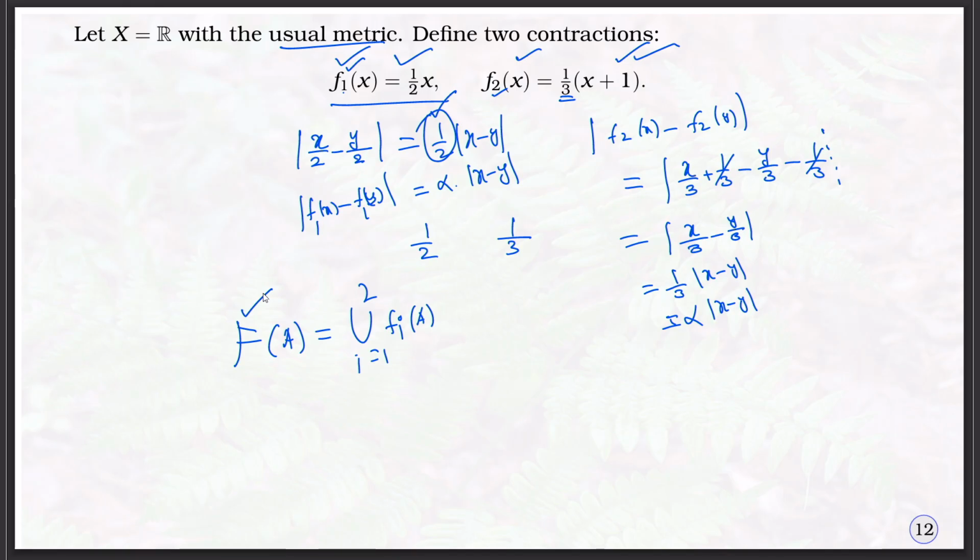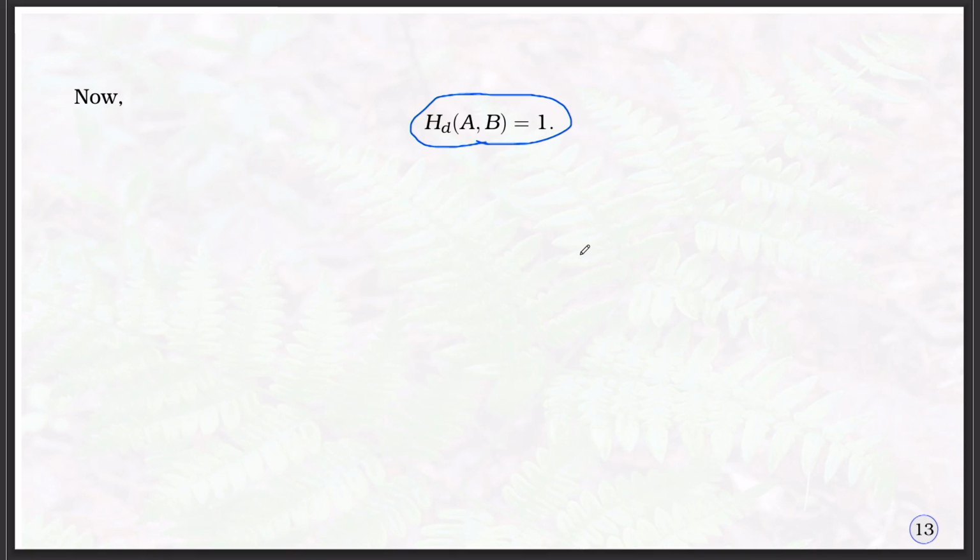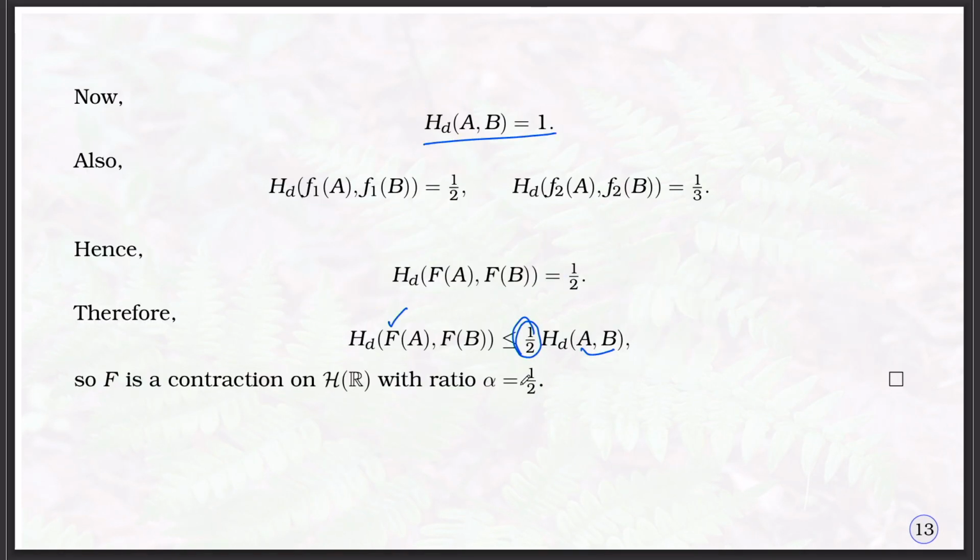Also, what is the contraction factor? If we say this is a contraction mapping, we need to say what the contraction factor is. For the contraction factor, we find the maximum. Here we obtain the contraction factor as 1 by 2, since the first mapping f1 is a contraction with ratio 1 by 2 and the second mapping f2 has contraction factor 1 by 3. So, the contraction factor is the maximum of these two numbers.